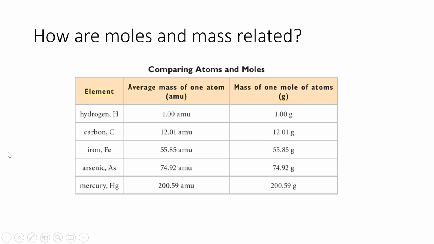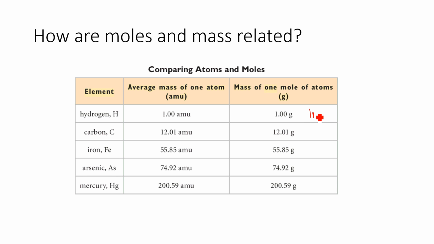And there's a relationship between moles and mass. If you look on the periodic table, we find the average atomic mass, right? So if we look at hydrogen on the periodic table, its average atomic mass is 1. And it turns out that a mass of 1 mole of hydrogen atoms weighs 1 gram.